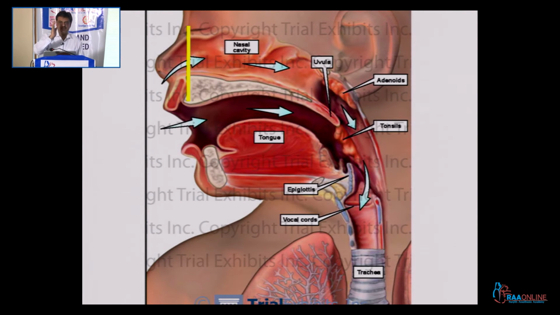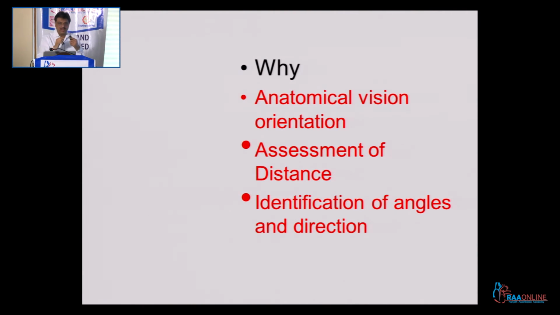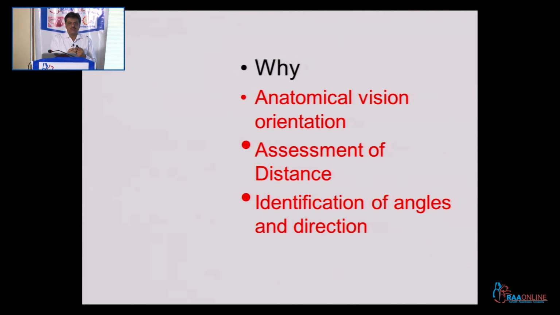You need to have a complete cross-sections, vertical cross-sections, anatomical understanding of this area, up to oropharynx, at the level of epiglottis and trachea. So endoscopic anatomical understanding is required for proper orientation of vision, of view during the endoscopy. It's also required to roughly assess the different distances and identification of different angles and directions.